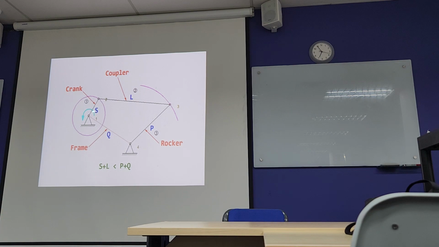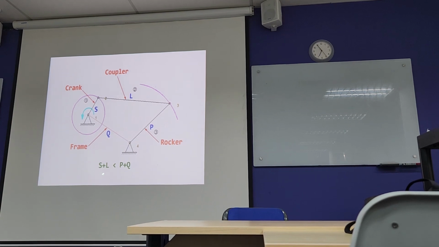So for a mechanism to work, S plus L must be less than P plus Q. If this condition is not satisfied, there is no way the mechanism can move, because when the rotation happens, the links will collide with themselves.